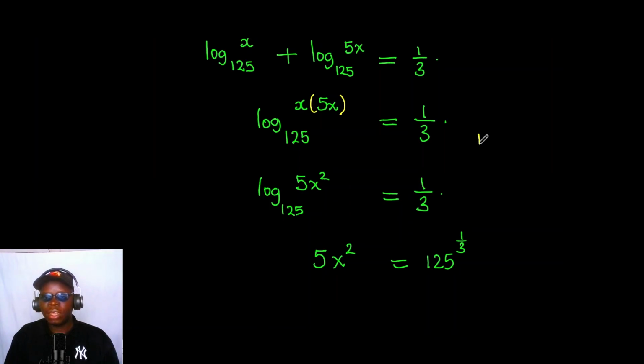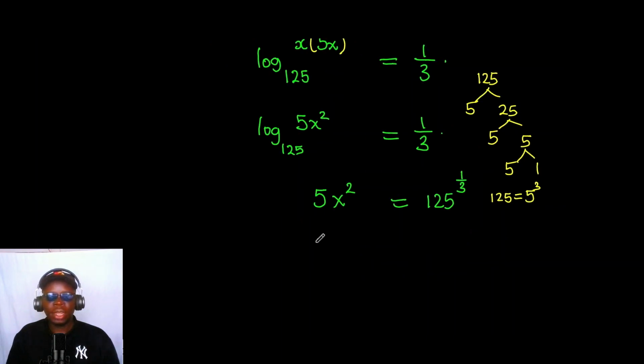If I divide 125 by 5, I will get 25, and 25 divided by 5 goes 5. Therefore, dividing by 5 we get 1. It means 125 is the same as 5 exponent 3. So we're going to replace this by 5 exponent 3.